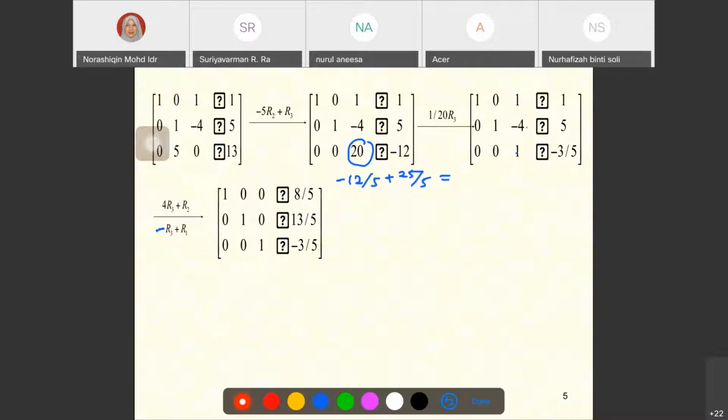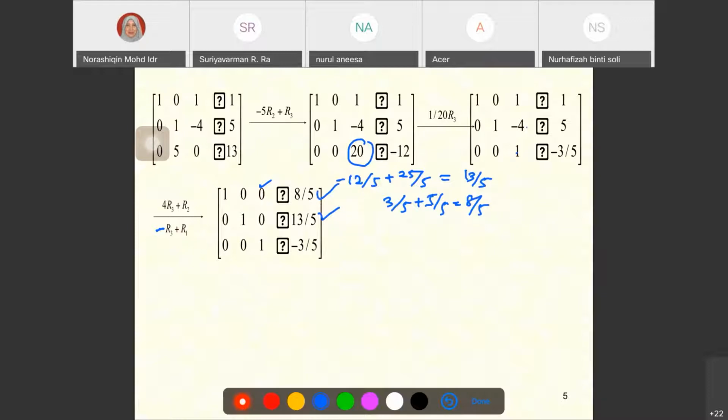So, dapat apa? 13, betul kan? 13 over 5. Okay. And then, negative R3 plus R1, so 0. Negative R3, so kita dapat 3 over 5 plus 5 over 5. So we have 8 over 5.